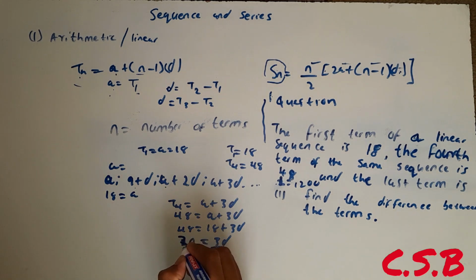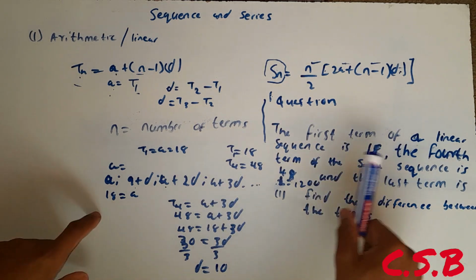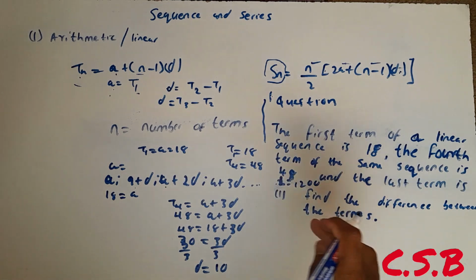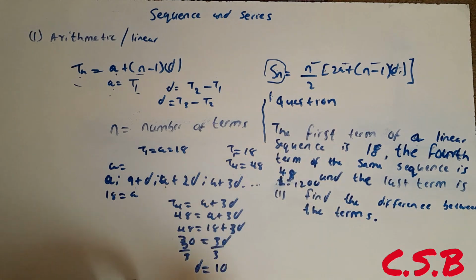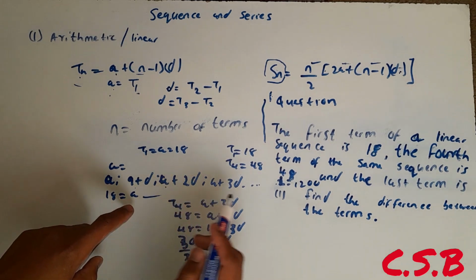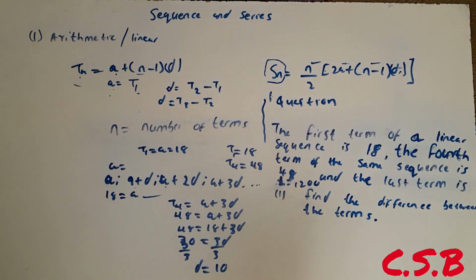Then divide by 3, so d is equal to 10. So the difference between the terms in the sequence is 10. From 18 we should add 10 up until the last term, which is 1200.